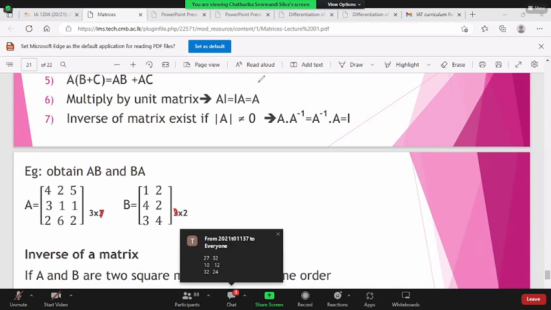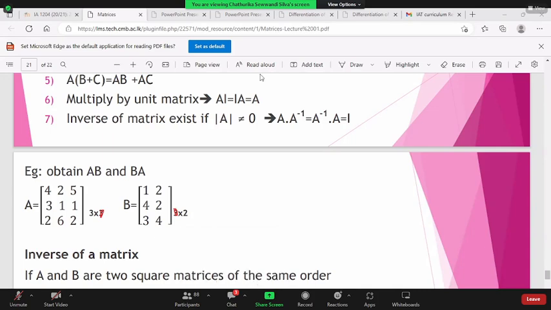Okay, everyone can see one answer is given. If there are different answers, you can send your answer as well. So definitely we can perform the multiplication between A and B, because the number of columns is equal to the number of rows.